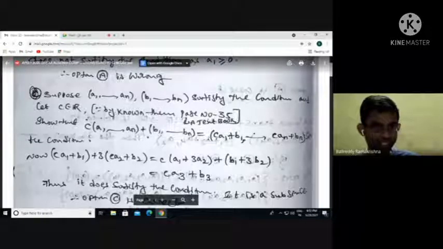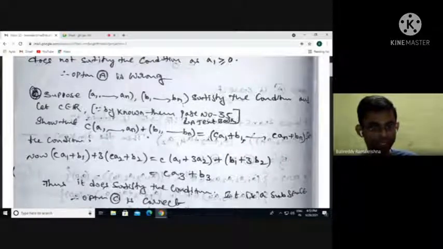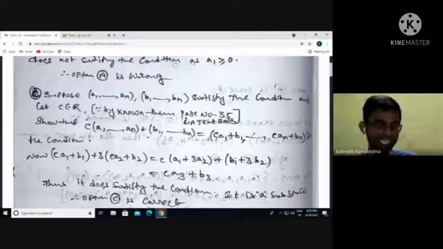Here c is a scalar and alpha is nothing but the n tuple a1, a2, and so on an, and beta is nothing but the n tuple b1, b2, and so on bn. By using the theorem, we have to prove that c alpha plus beta again belongs to the given set, which has to be a subspace.